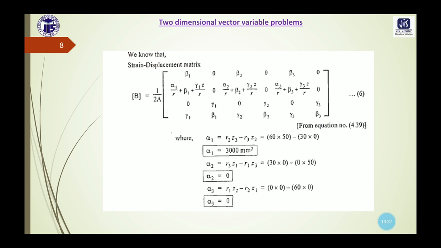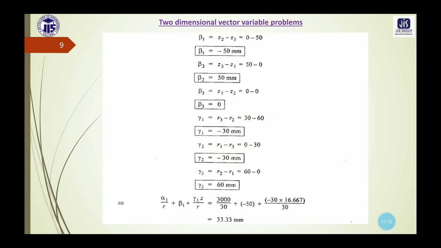Next, we need to calculate alpha 2, which is R3Z1 minus R1Z3. The corresponding values of R and Z coordinates we take from the given diagram, and after the calculation, the value of alpha 2 comes as 0. Next, the formula to calculate alpha 3 is R1Z2 minus R2Z1. Putting all the required values, the value of alpha 3 comes as 0.